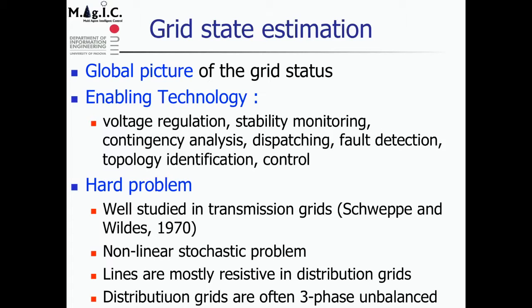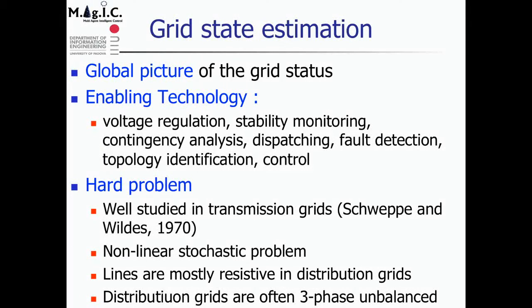It is hard because it's a nonlinear stochastic problem. Also, an additional problem in distribution systems is that the lines are more resistive, while in transmission they are more inductive, and therefore we cannot use a typical approximation model like the DC model, for those who are familiar with this type of model.